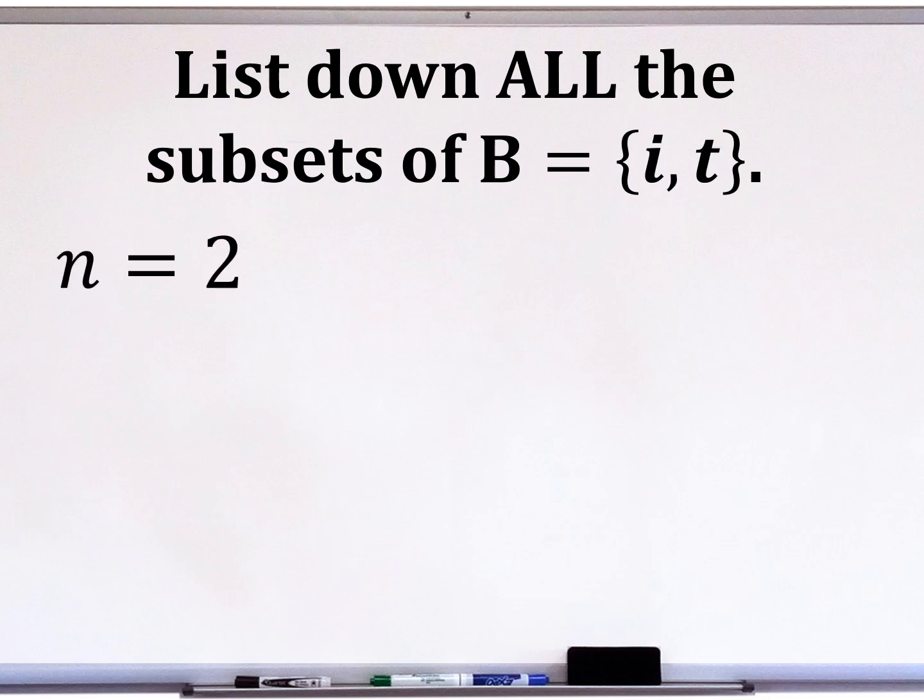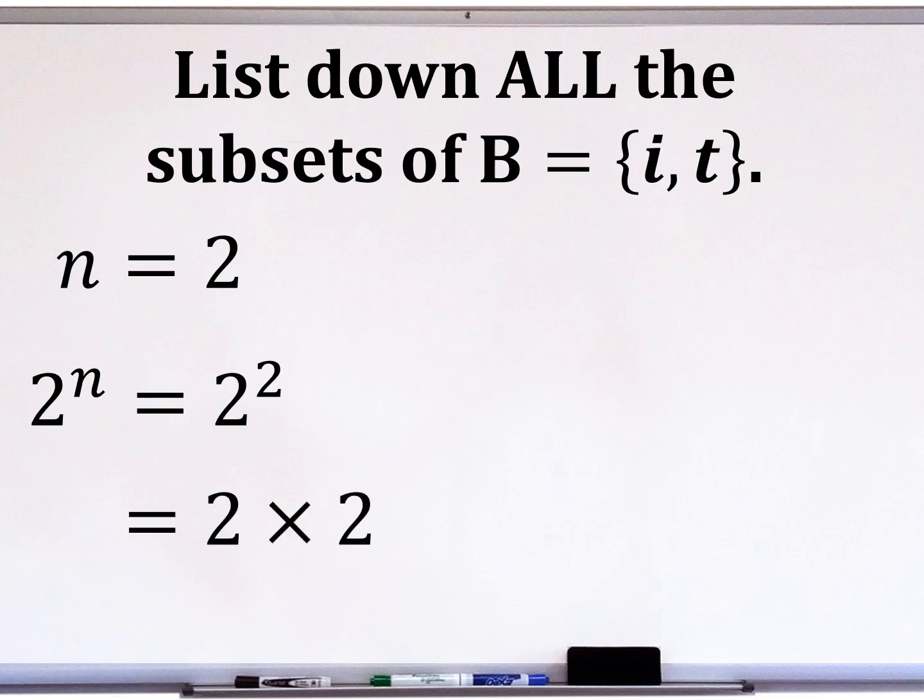Therefore, n is equal to 2 because it contains 2 elements only. Using the formula 2 raised to n, by substitution, that is now 2 raised to the second power, or simply 2 times 2. Therefore, the total number of subsets of set B is 4 subsets.